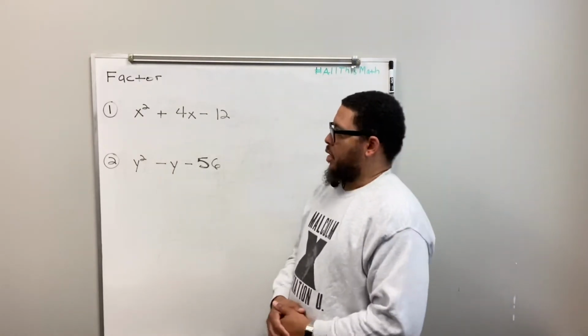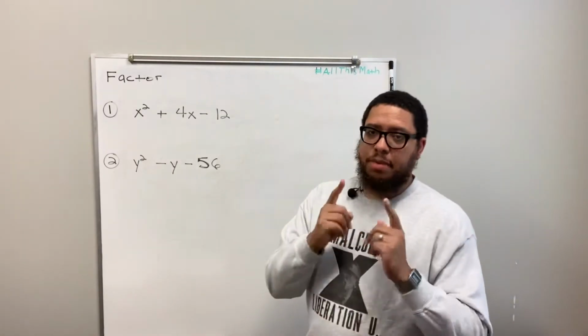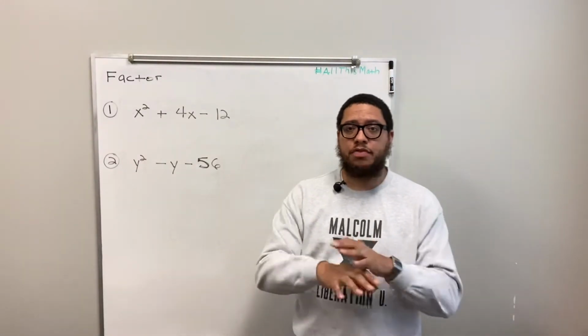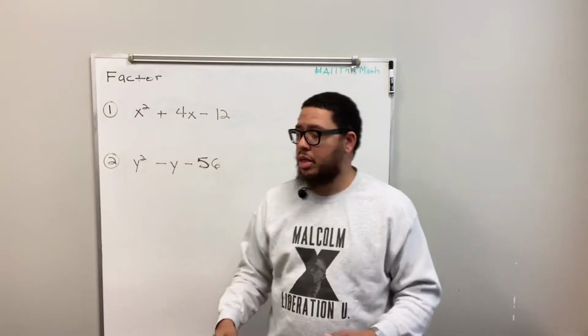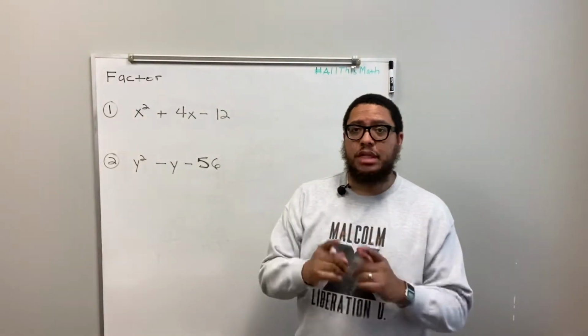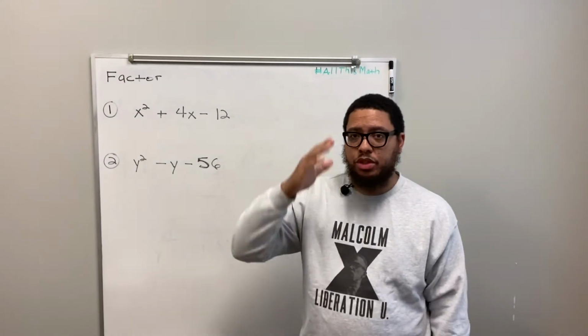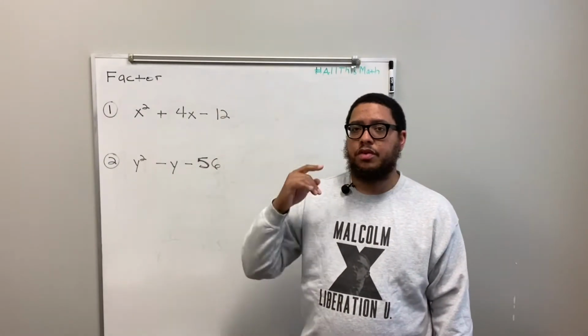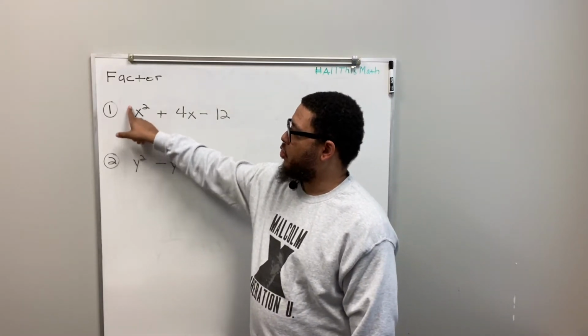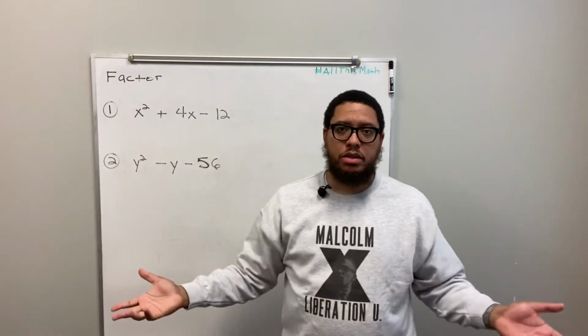Okay? So, another thing to keep in mind when we're dealing with quadratic trinomials is your lead coefficient. I want you to make sure you put this into your notes. If your lead coefficient is a 1, which means there's an invisible 1 right here, because you don't have to write the coefficient 1.